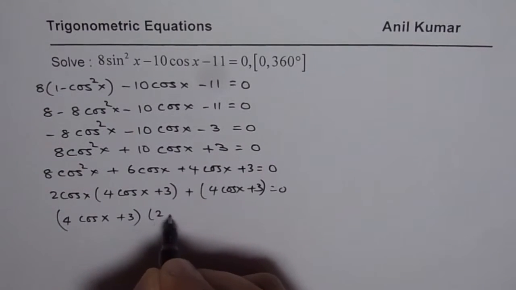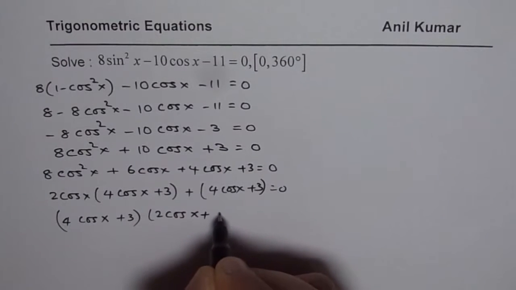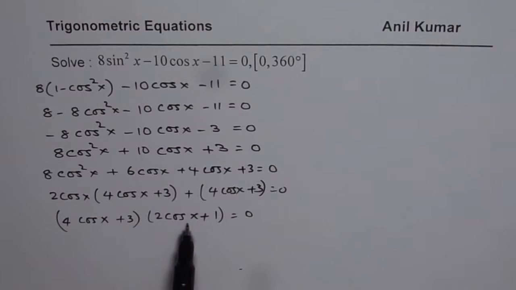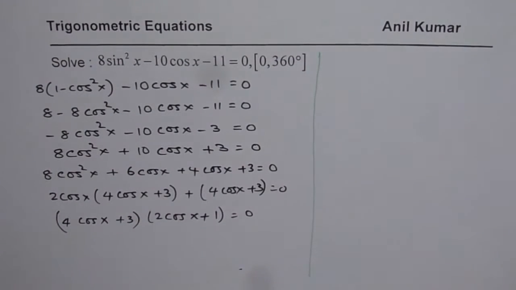So you get 2 cos x plus 1 equals 0, right? Now for this quadratic equation, there are two factors, so we are looking for these two factors to be 0 to get us all the possible solutions, right?